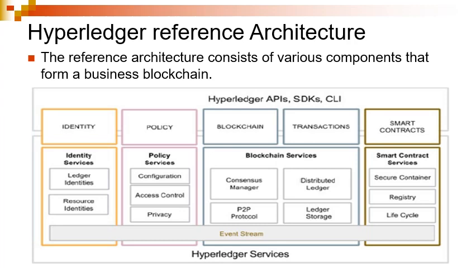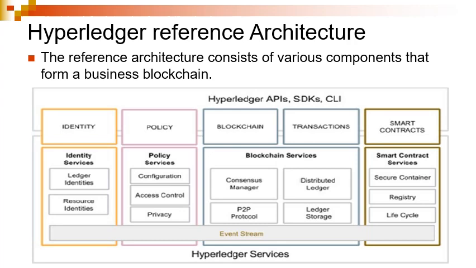So you can see, students, the architecture of Hyperledger. We can see the Hyperledger reference architecture. The reference architecture consists of various components that form a business blockchain. So you can see the components of this reference architecture: identity, policy, blockchain, transactions, and smart contracts.